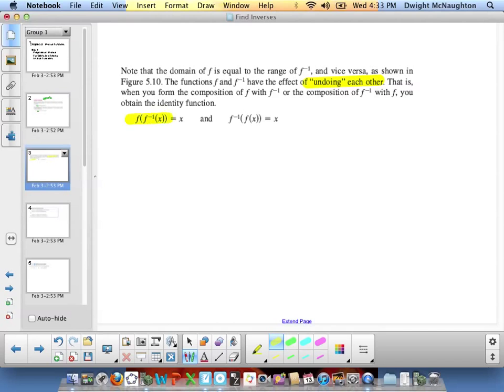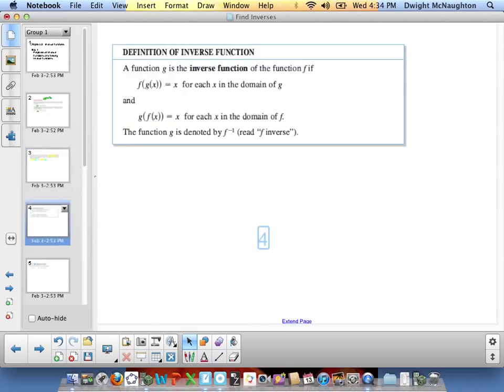So when we take the function and compose it with its inverse, or the inverse and compose it with its function, we end up going back to x. And that's what brings us to the definition of the inverse. If you take a function and compose it with another function, and you get back down to x, you have found that they are inverses.